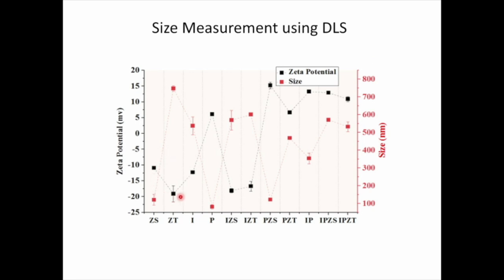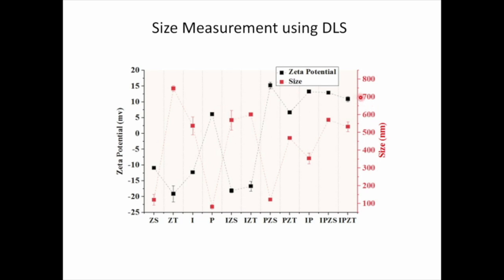We see here that when we add tetrapodal structures to the insulin-papain mixture, the size of the cluster comes very close to the size of pure insulin.